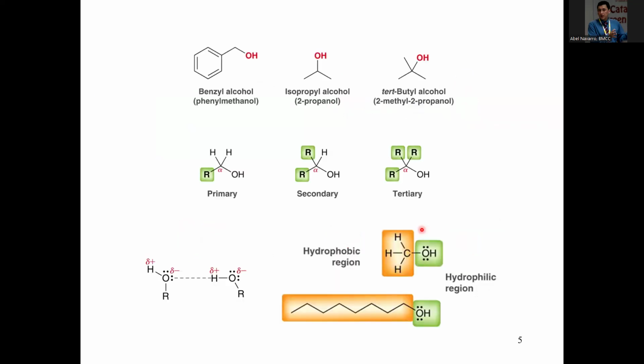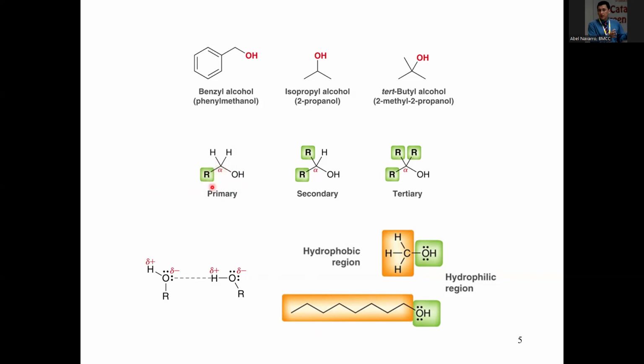All right, so let's go to physical properties and characteristics of alcohols. Alcohols can be named depending on the branching. You see here, that's what we call a primary alcohol. A primary alcohol is an alcohol where the carbon attached to the OH has only one carbon branch.